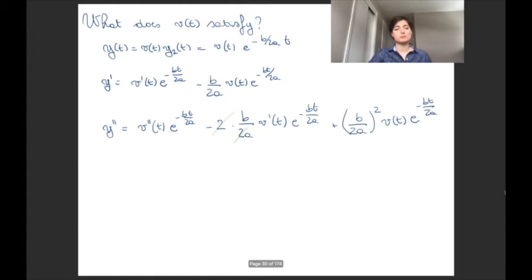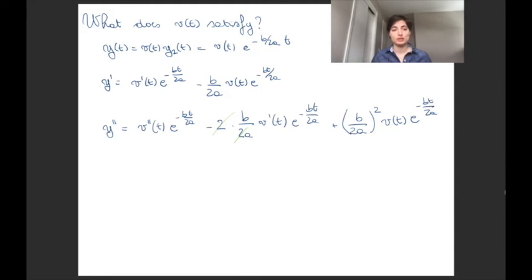And the same we can do with the second derivative. It's a bit more complicated, it has a bit more terms, but you know that when you take the second derivative of a product of two functions, it is the second derivative of one function times the other, plus the second derivative of the other times the first, and 2 times the derivative of the first times the derivative of the second.